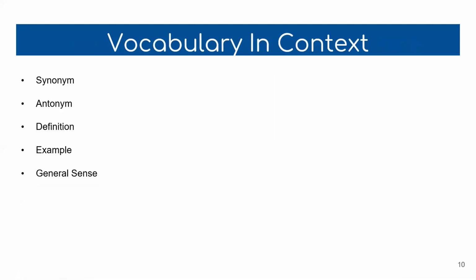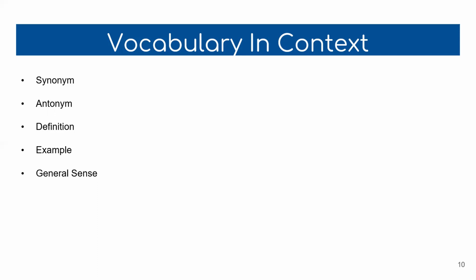Vocabulary and context is another strategy in teaching explicit vocabulary. In text, students may see synonyms associated with words. The index of sentences may incorporate an antonym to determine an opposite meaning of the word given. Sometimes authors will use a direct definition within text to give the reader a specific definition.